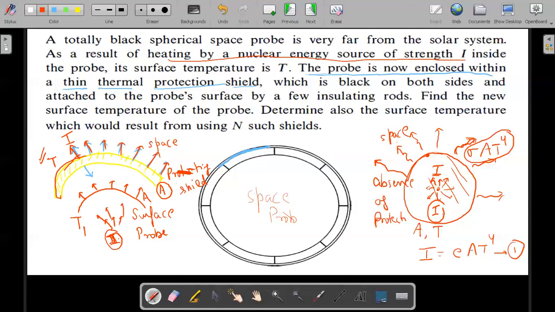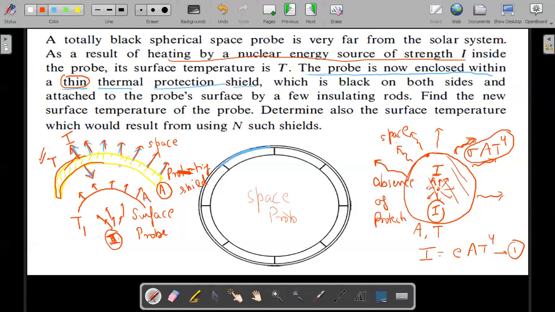But that protecting shield is also radiating energy in the inward direction. According to Stefan's law, the rate of radiation depends upon the surface area and the temperature. And this is a very thin spherical protection shield.